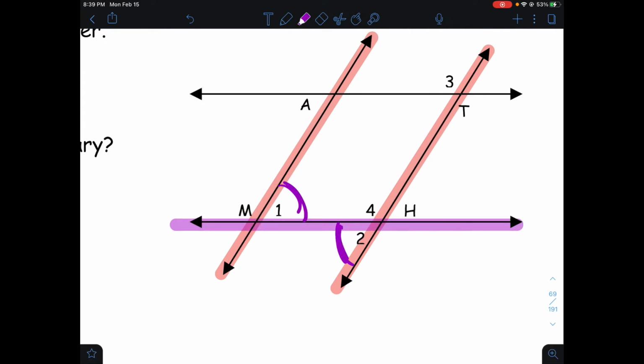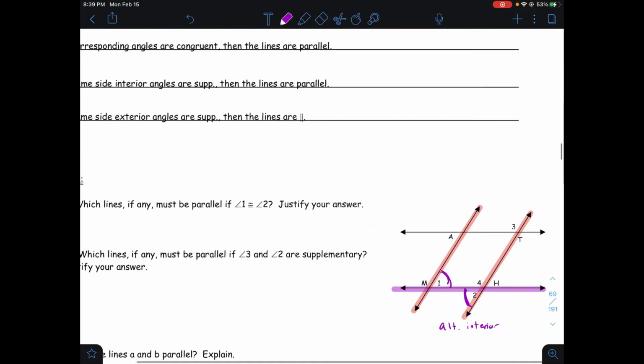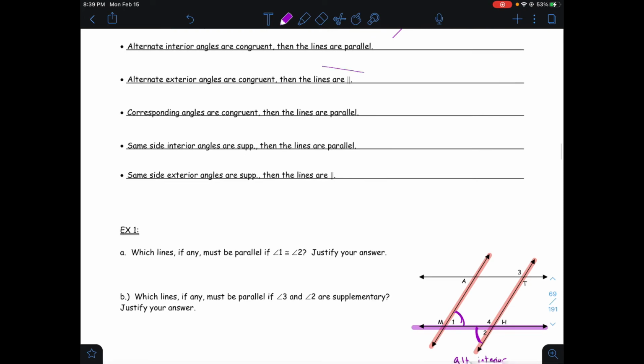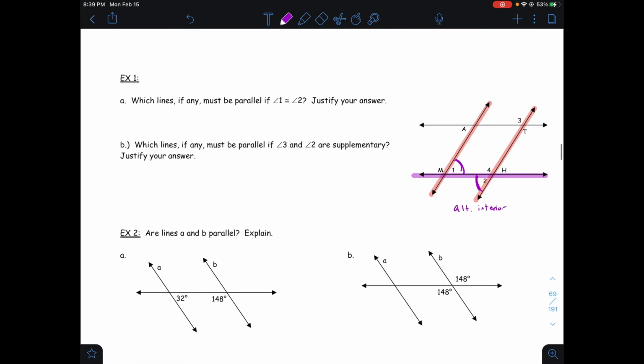And we would have congruent angles that are alternate interior, right? And if alternate interior angles are congruent, then the lines are parallel. So we could say that MA is parallel to HT.